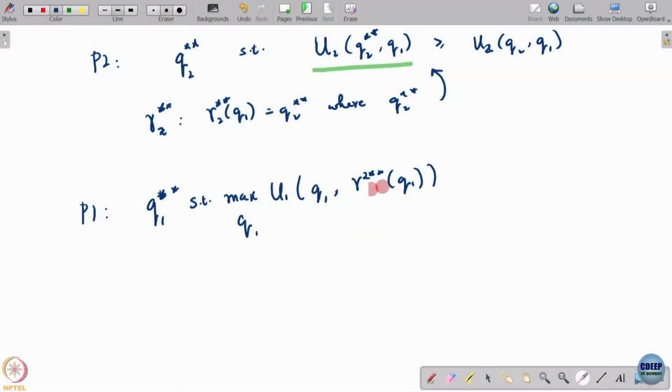So he is maximizing this, knowing that q2 star is a function of q1. Now in a game, we always assume that the utilities are common knowledge. We assume that who would know what during gameplay is also common knowledge.